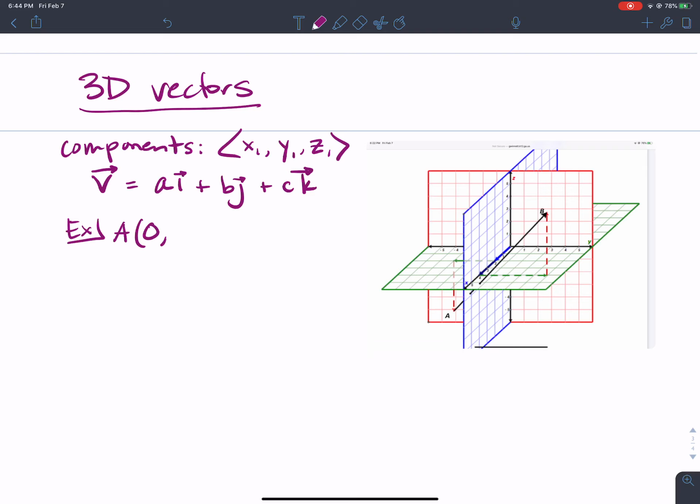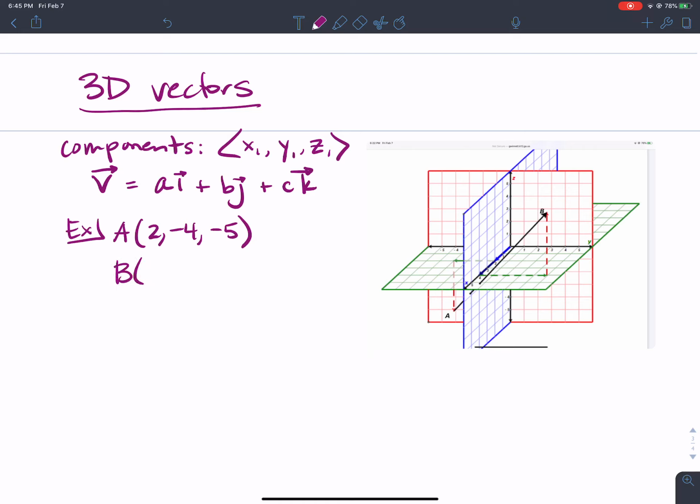But I'm having a hard time interpreting what they did. Oh, I see what they did. So it's out to, left 4, and down 5. So that's following the lines here. Out to, left 4, down 5. That's point A. For those of you wondering how I figured that out.